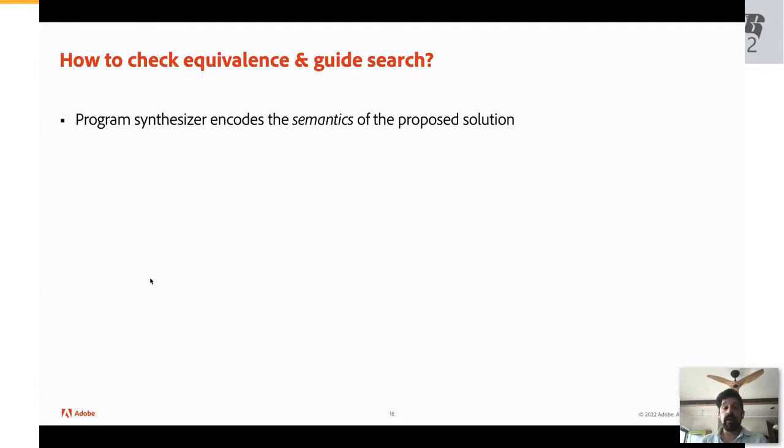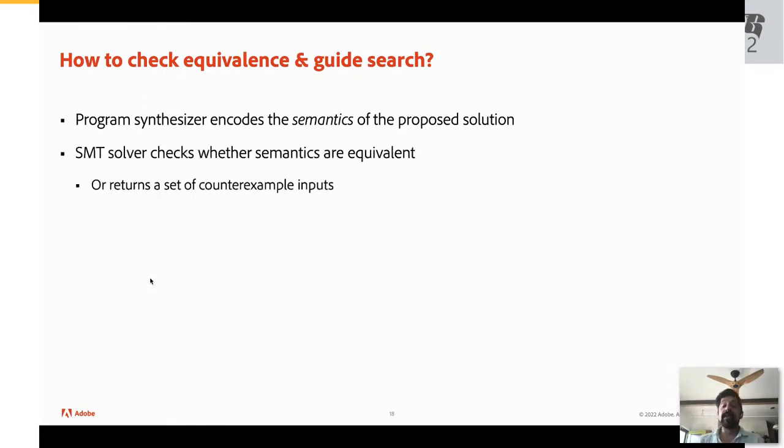Starting with the equivalence check piece, the program synthesizer checks equivalence by encoding the semantics of the proposed solution. And then we pass that to an SMT solver, which is basically like a SAT solver with lots of machinery above it that understands things that are not just Boolean expressions.